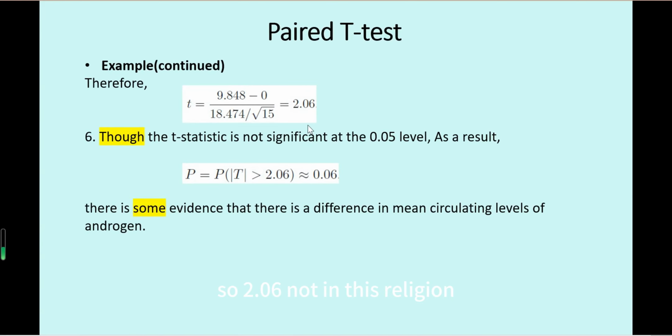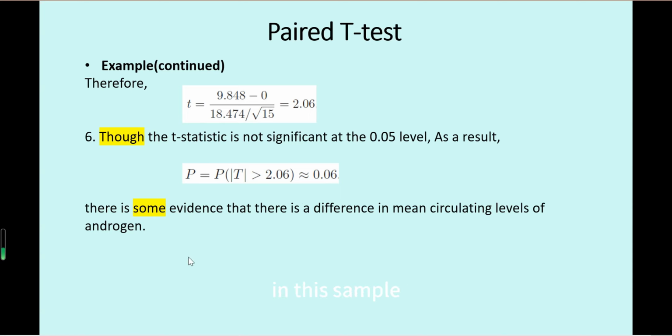But we calculate the p-value, the probability of a T statistic larger than 2.06, which is about 0.06. So you can see, although this value is not in the critical region and the p-value is larger than 0.05, it is very close, it's on the margin.